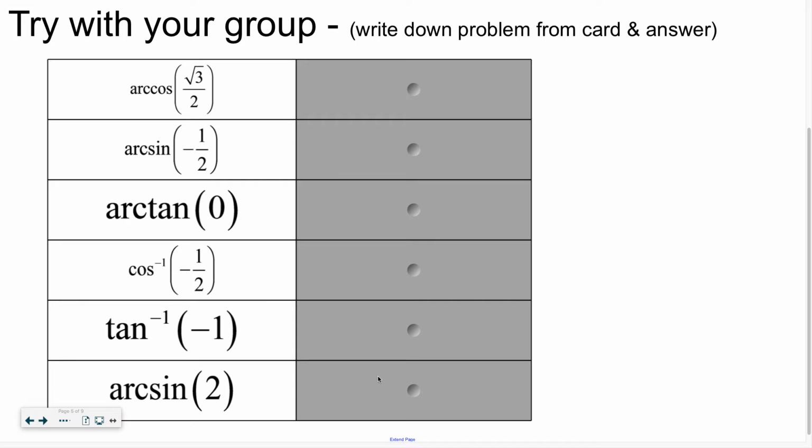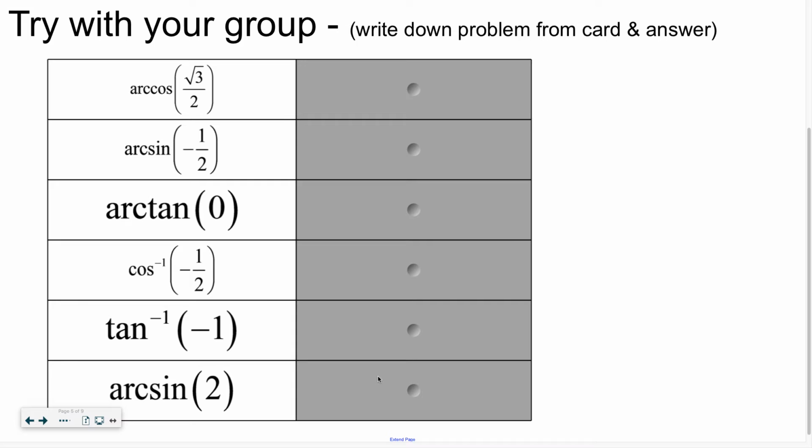This one's tough when you start with this one. So just remember, in the inverse, this is a ratio. So you're saying what angle has a tangent of 0? It's acceptable, 0. Saying the tangent is negative 1.